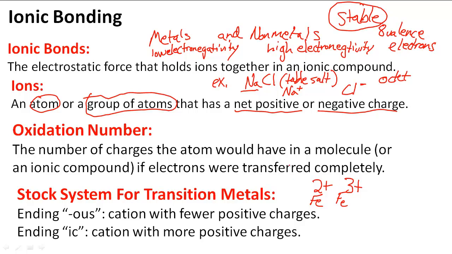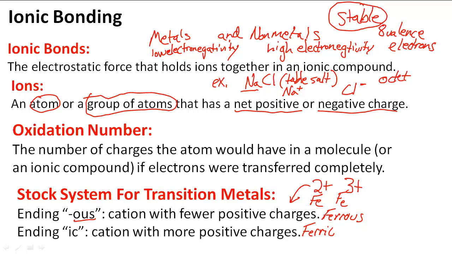Fe, because it has fewer positive charges, would end with -ous. Fe stands for iron, but we would use its Latin name, ferrum. We would call this ferrous. And for the cation with more positive charges, we would call it ferric.